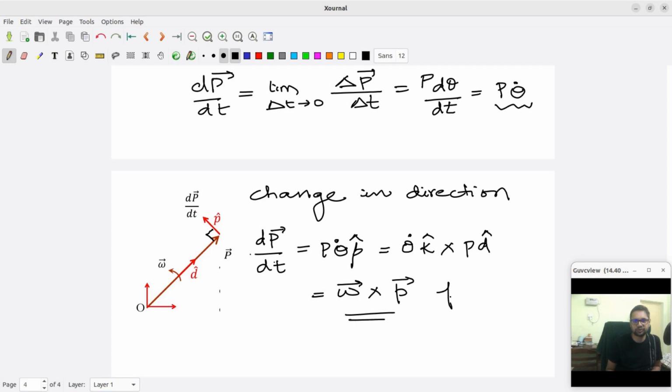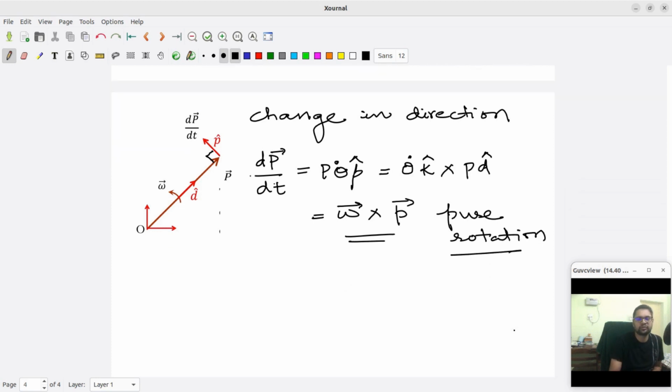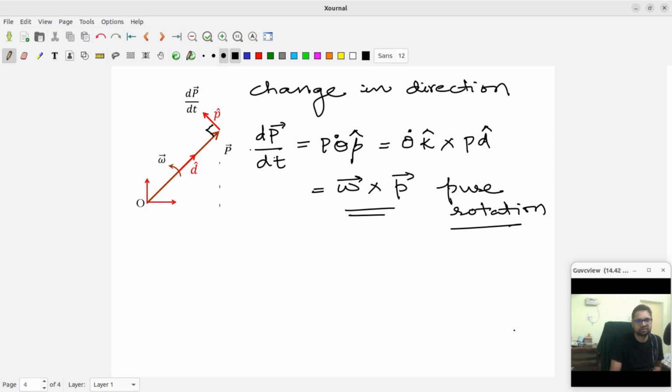When there is only rotation, you have omega cross P as your velocity vector whose direction is perpendicular to the vector P.